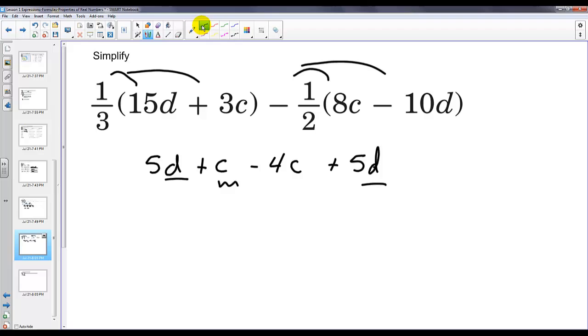So we'll just add the coefficients out in front. I have 5d plus 5d, which gives me 10d. And then I have a positive c minus 4c, which gives me negative 3c. And I can leave it as is.